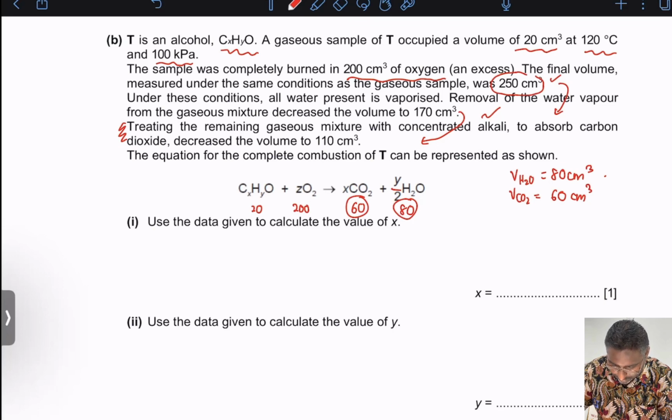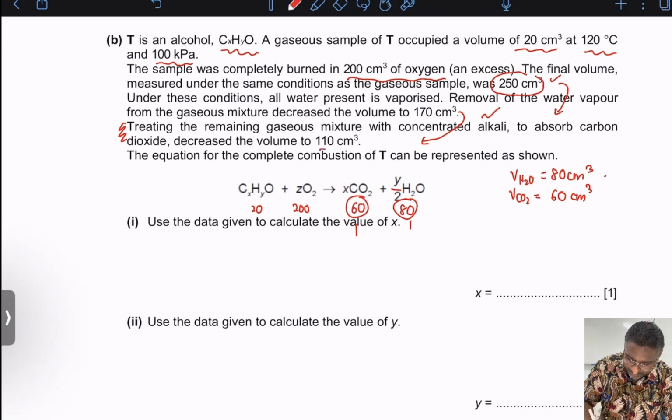Hold on, I'm still figuring out the 250. It means they are talking about this one, the final volume. To absorb, decrease the volume to 110.